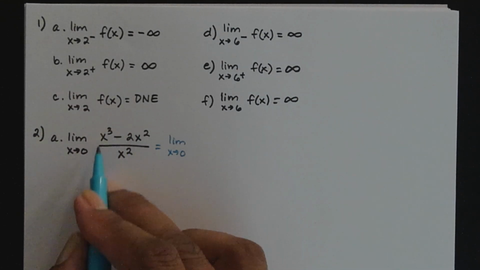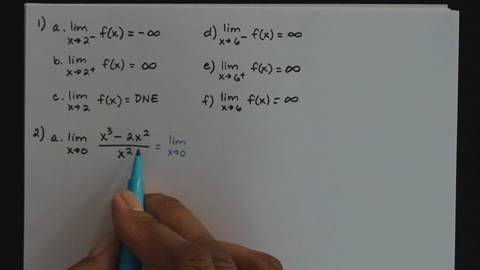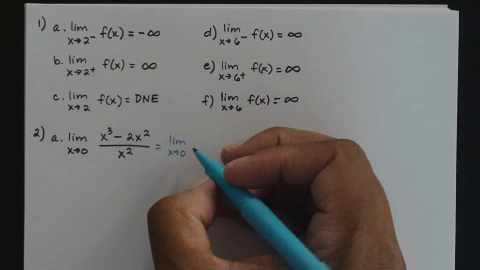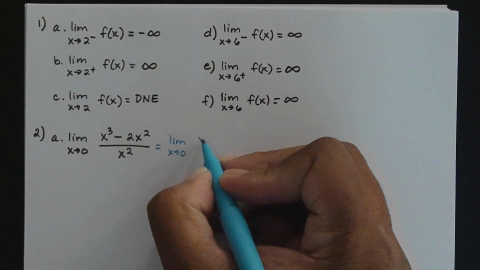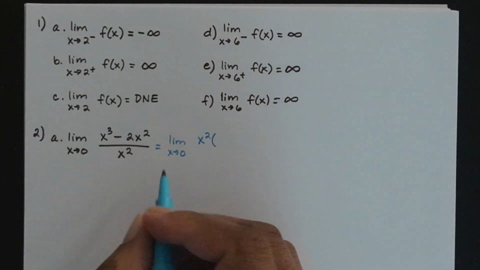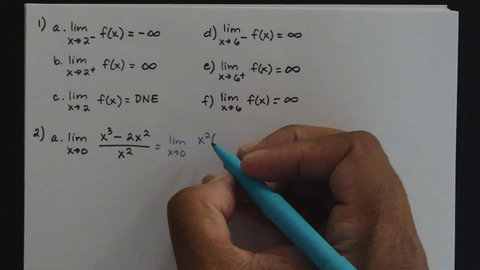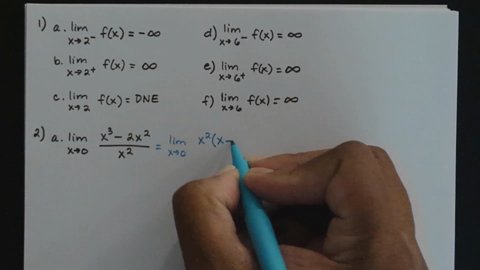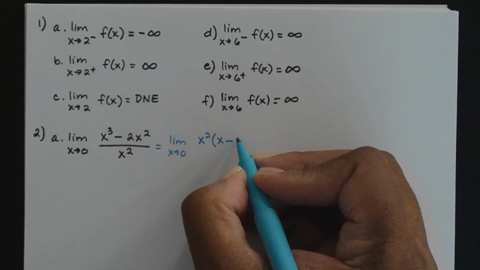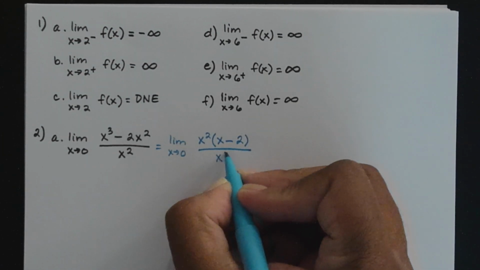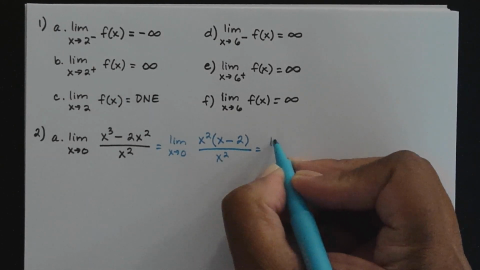Let's try to simplify this expression by finding a common factor for x cubed and x squared. That'll be x squared. So if I factor out the x squared, this one will have x cubed divided by x squared, that's x, minus 2x squared divided by x squared, be 2. All that's divided by x squared.